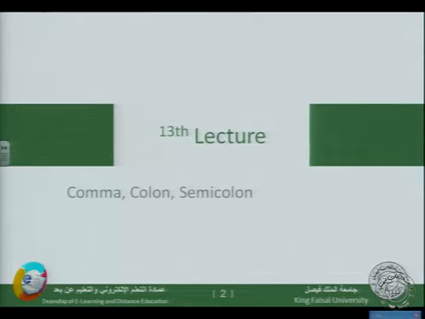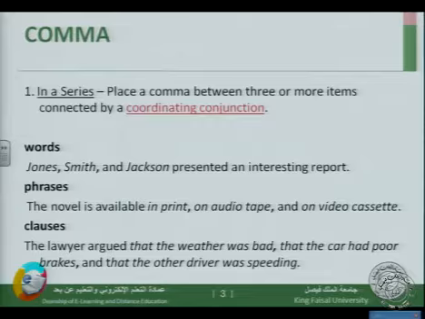If you remember, in the last two classes I advised you to pay attention to the use of punctuation, especially with some subordinating words and other conjunctive adverbs. Today we are going to discuss the comma, colon, and semicolon uses, and how, when, and where we can use them. Let us start first with the comma.